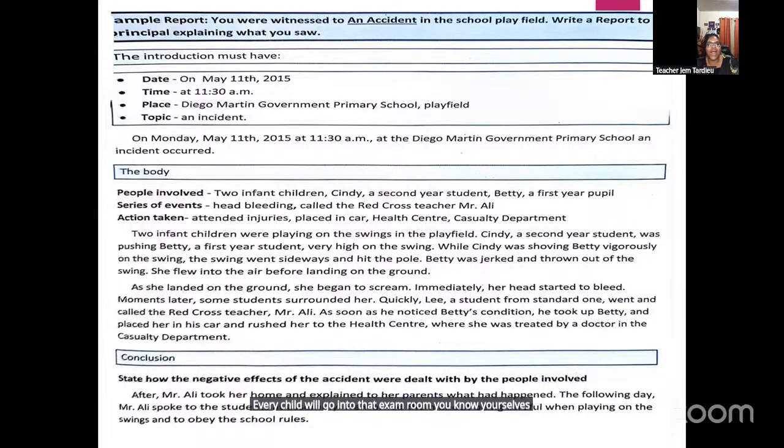Every one of you is unique in your way and your style of writing. So I am not saying this is what you have to write. But what I am saying is this is an idea so that some of you can say, okay, when I get in the exam room, I know my introductory paragraph, this is what it should look like. My body, these are the things I should put in my paragraphs. My conclusion, this is what I should have in it.